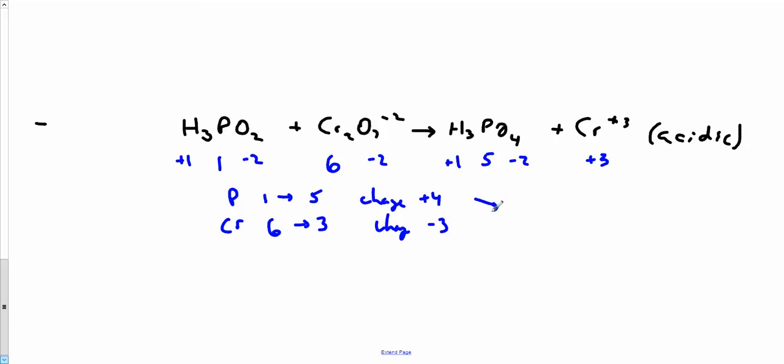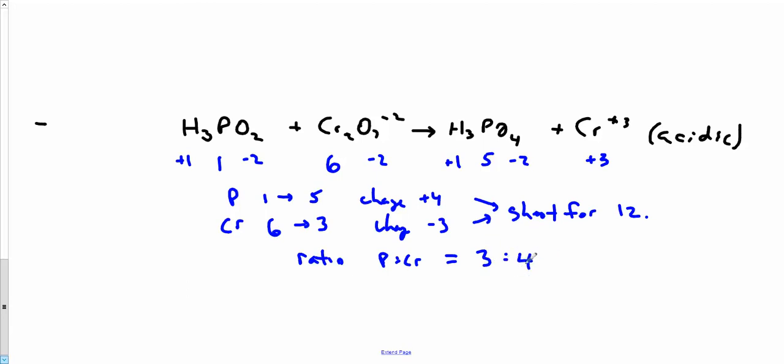So I've got one changing by 4, the other changing by 3. If I want to make the amount the same in both, looks like I should shoot for 12. So I want the ratio of P to Cr to be equal to 3 to 4.